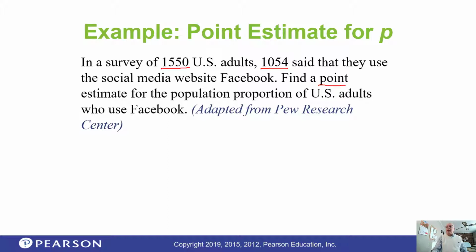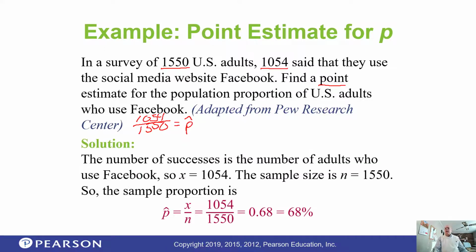That should be pretty easy. Just take the 1054, divide by the 1550, and you'll have p hat at 68%. 68% of the U.S. adults, according to our survey, say that they use Facebook for social media.